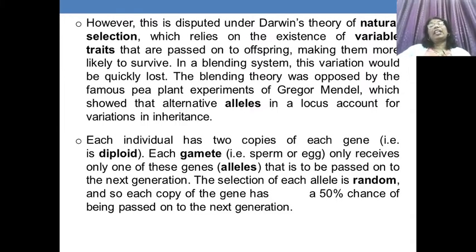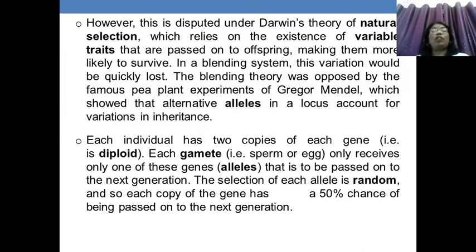The blending theory was opposed by the famous pea plant experiments of Gregor Mendel, which showed that alternative alleles at a locus account for, and are mainly responsible for, the variation in inheritance. Each individual has two copies of each gene. All of you know that.